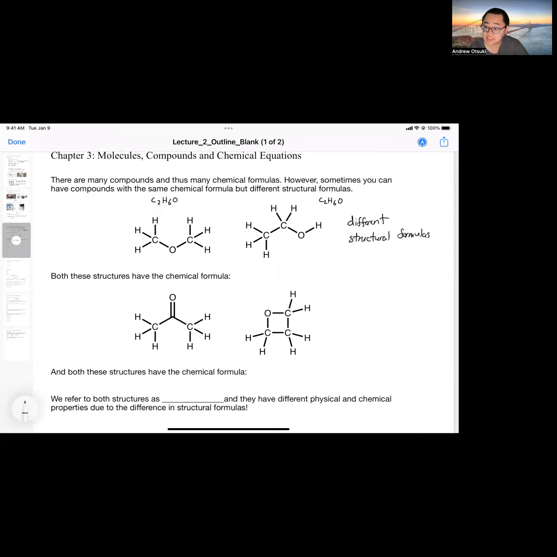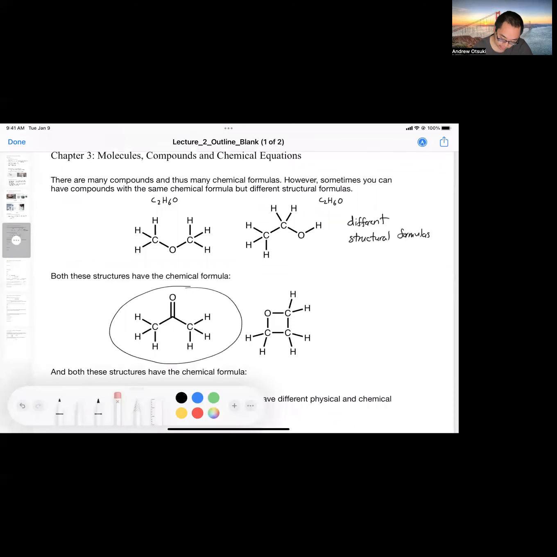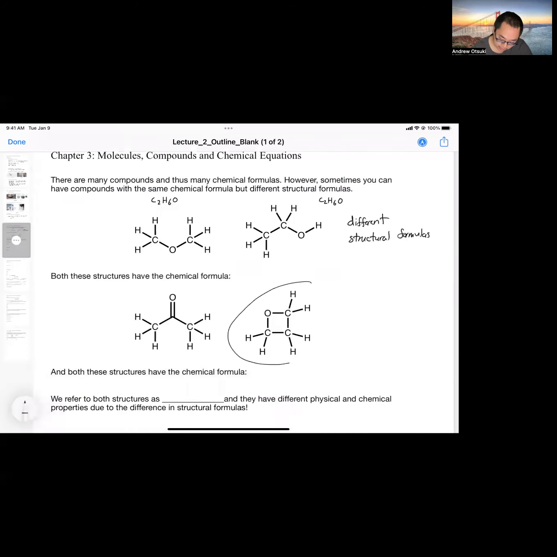And you see in this example right down here, they have also the same chemical formula, but different structures. One is very open chained, or it doesn't have any cyclic character, whereas this one looks really different, and this one here has a cyclic structure.